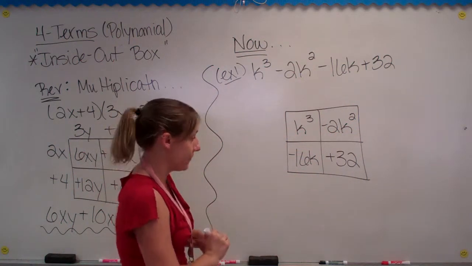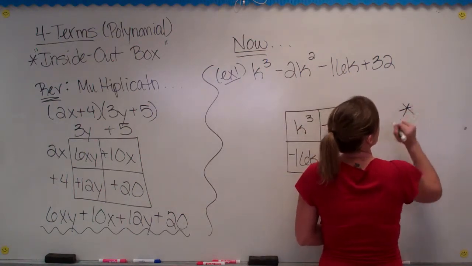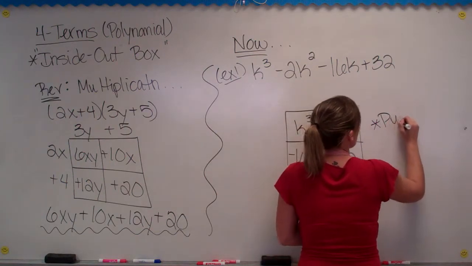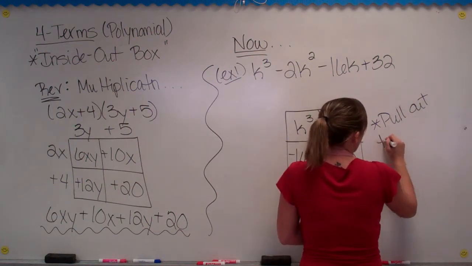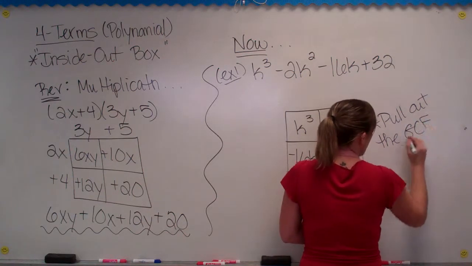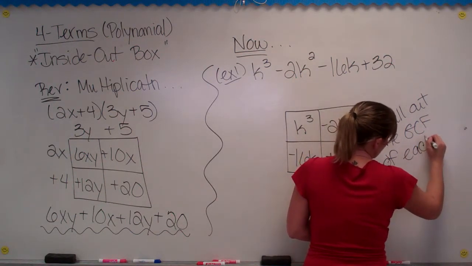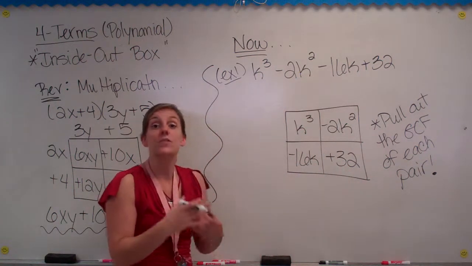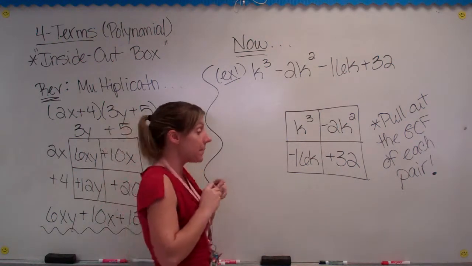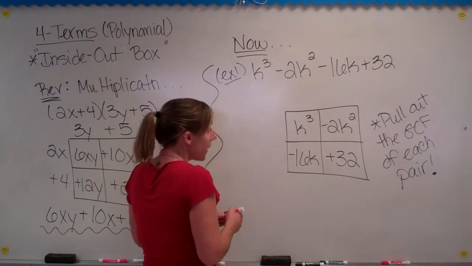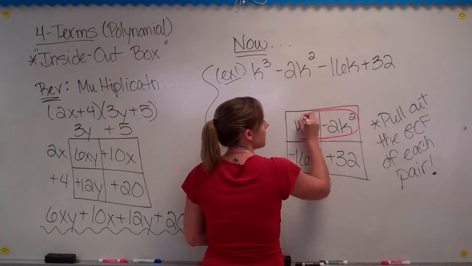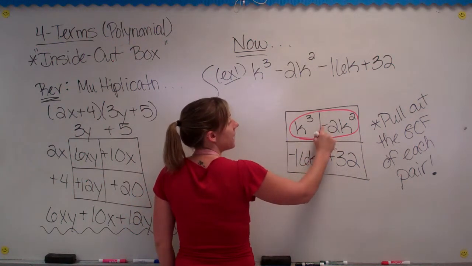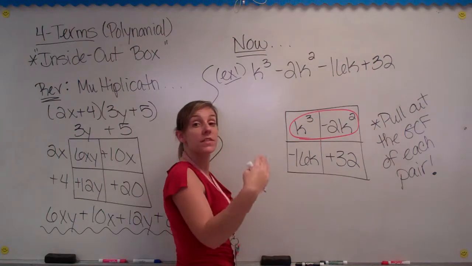And so what we're going to be looking for is GCF. Pull out the GCF of each pair. Okay? GCF is what can each pair divide by. And by pair, I mean this. First pair I'm going to look at is these two. This is a pair. So the first row, what can k to the third and minus 2k squared both divide out?